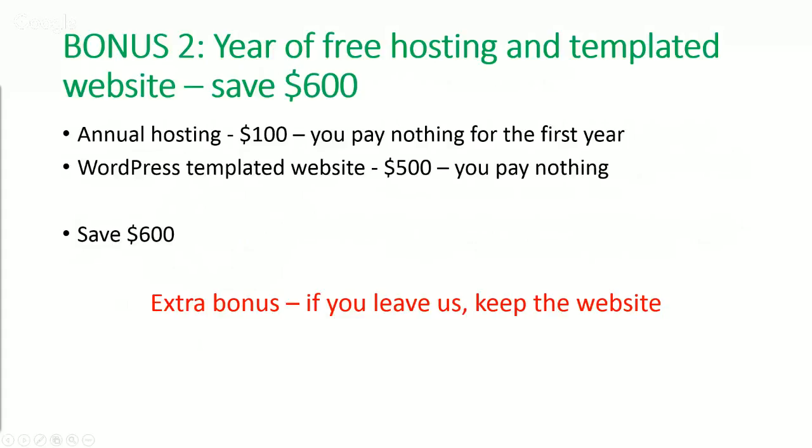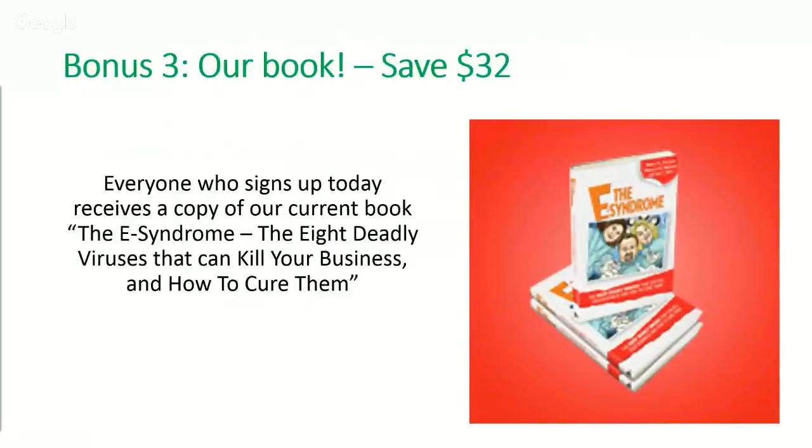And we actually have one more thing that we want to add in here. I didn't even put this in the intro. I am the author of a recently published book, one of the co-authors. It's called The E Syndrome, the 8 Deadly Viruses That Can Kill Your Business and How to Cure Them. And this is a book designed for new entrepreneurs. It's written in a very fun, friendly, non-threatening way to help new entrepreneurs recognize the main things that stop entrepreneurs from reaching their success.